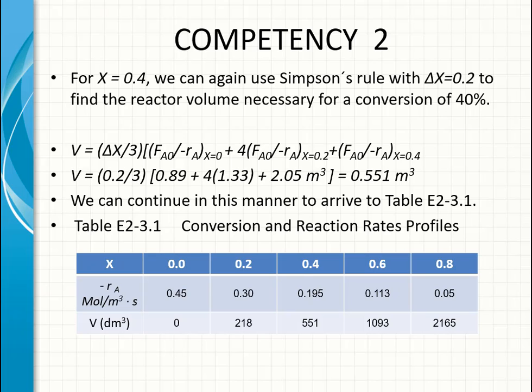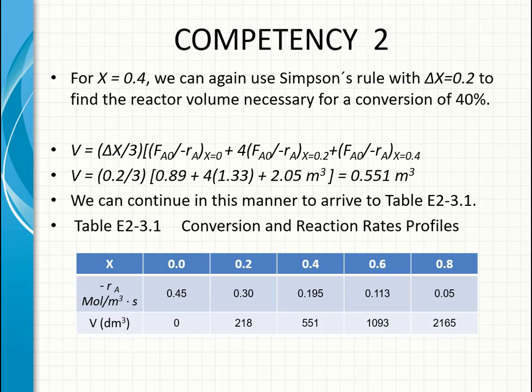If we substitute the values given in the table, the volume will be 0.2 divided by 3 times 0.89 plus 4 times 1.33 plus 2.05, which will give us 551 liters or 0.551 cubic meters.